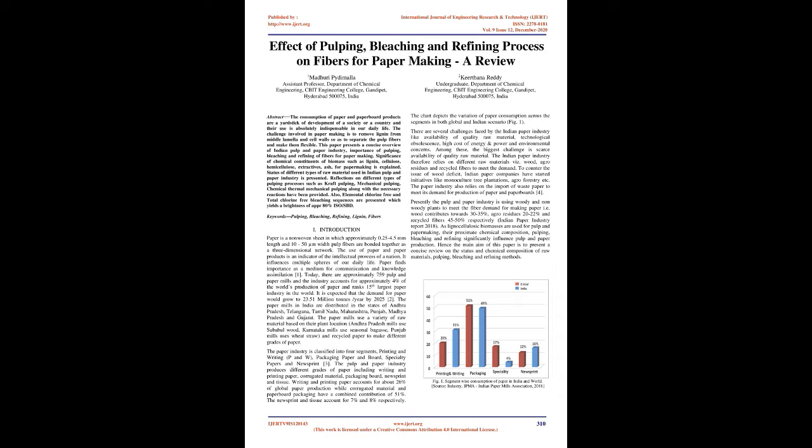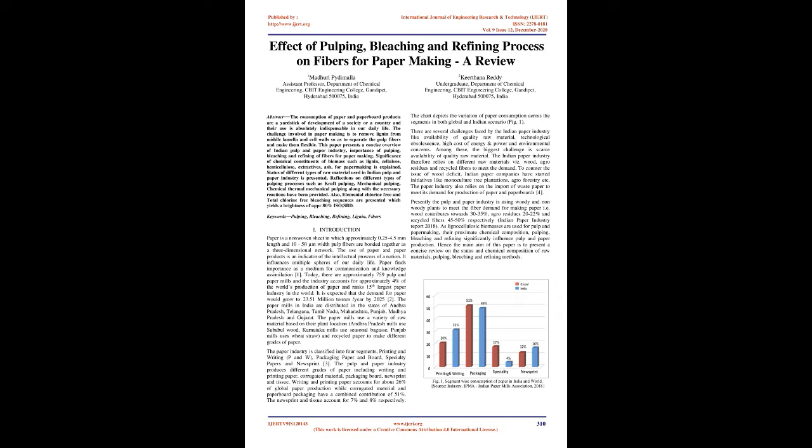This paper presents a concise overview of the Indian pulp and paper industry, and the importance of pulping, bleaching and refining of fibers for paper making. The significance of chemical constituents of biomass such as lignin, cellulose, hemicellulose, extractives, and ash for paper making is explained. The status of different types of raw material used in the Indian pulp and paper industry is presented.